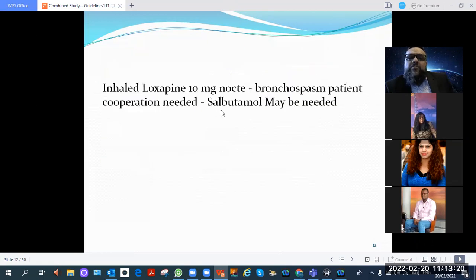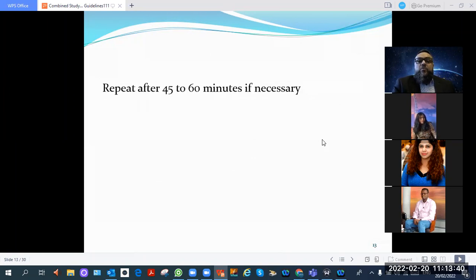And then inhaled loxapine, we don't have it in the UK and Ireland. It can cause bronchospasm in patients, and cooperation is usually needed. Salbutamol may be needed at times, so we don't use it anyway. And repeat it after 45 to 60 minutes if necessary.